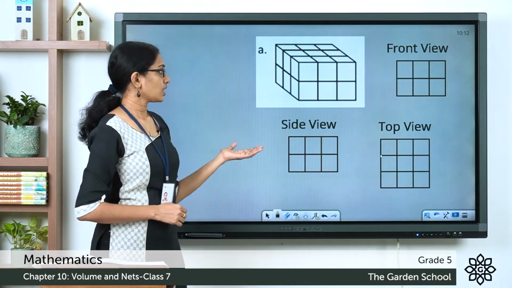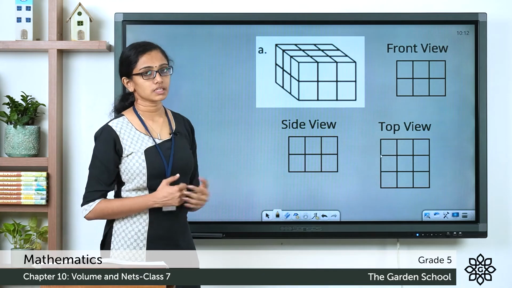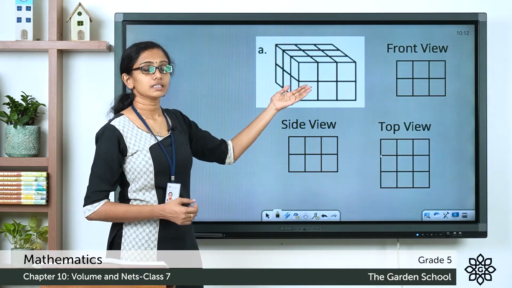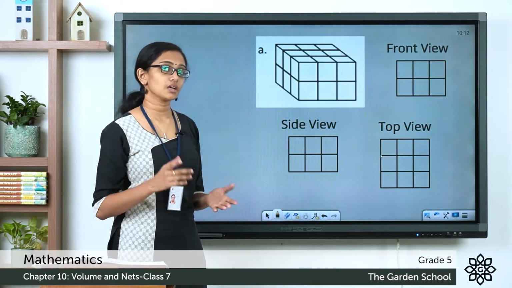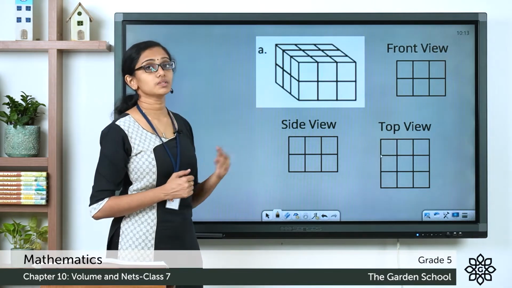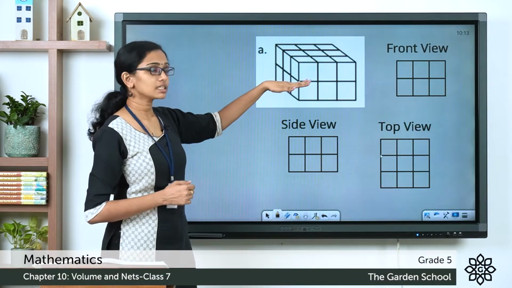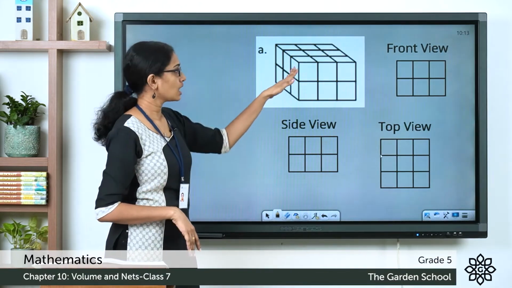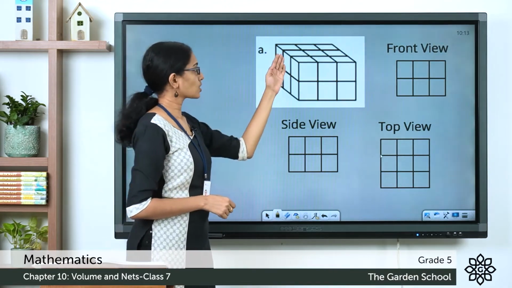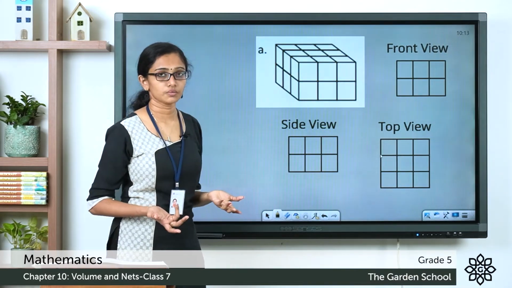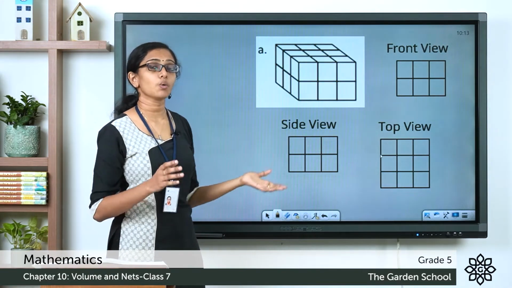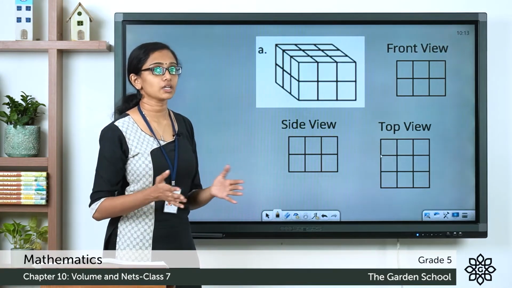Now, you have to find the volume of this arrangement of cubes. We have seen the volume of a unit cube is equal to 1 cubic unit. So here, how many cubes are there? See, here the cubes are arranged in 2 layers. At the topmost layer, you can see a total of 9 cubes. So the volume of the top layer will be 9 times 1 cubic unit, that is 9 cubic units.